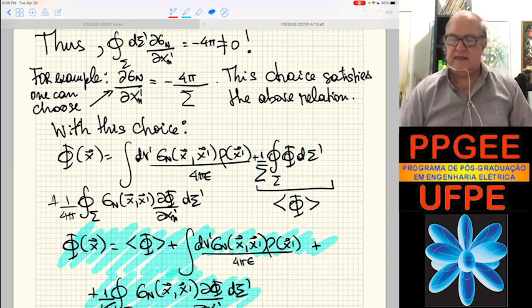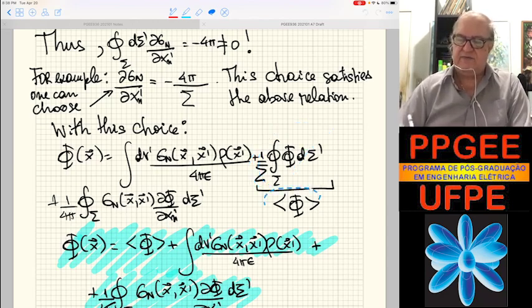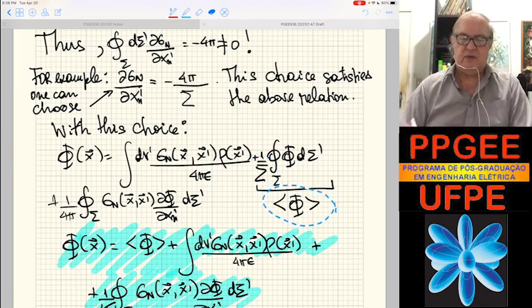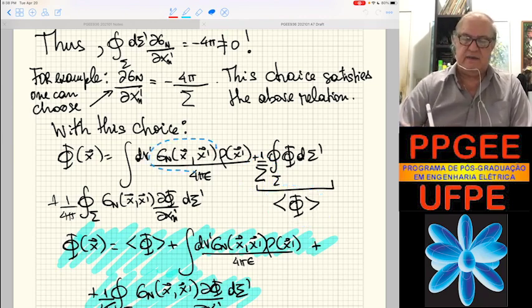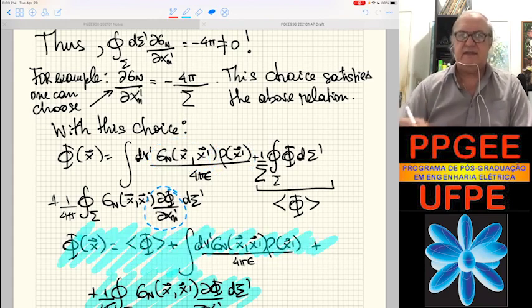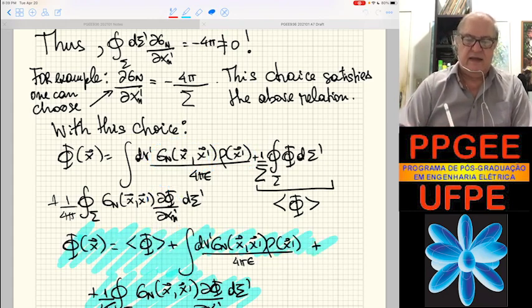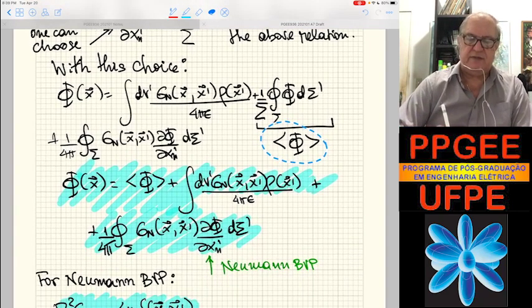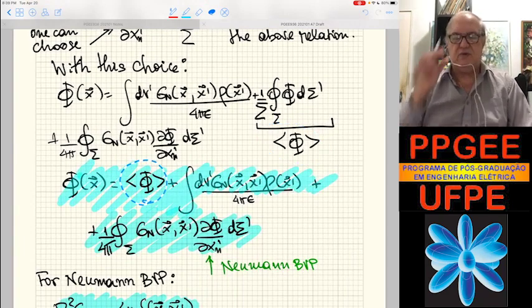So this is nothing less than the average value, this integral over the surface divided by the surface, is the average value of the potential on the boundary. So the solution, with the Green function for the Neumann problem, now has only the normal derivative of the potential, as in the Neumann boundary value problem, after we find the solution for this problem, right? And you have an extra term, which is the average value of the potential. Your solution would be something like that.